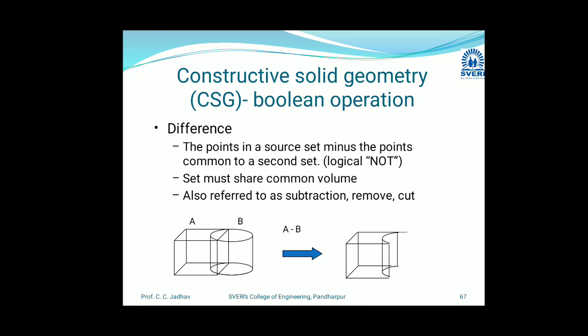It is also referred to as subtraction, remove and cut. From these two objects A and B we get the final object, that is A minus B. You can see here the example of subtraction, remove, cut or difference, the second boolean operation.